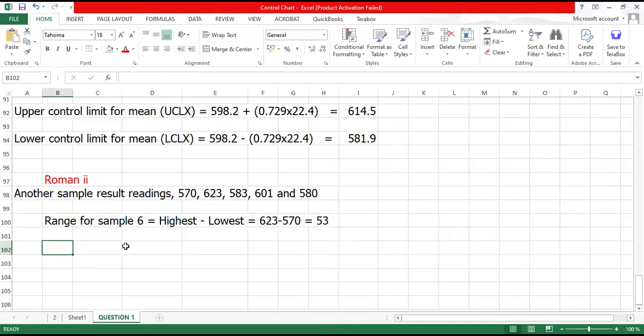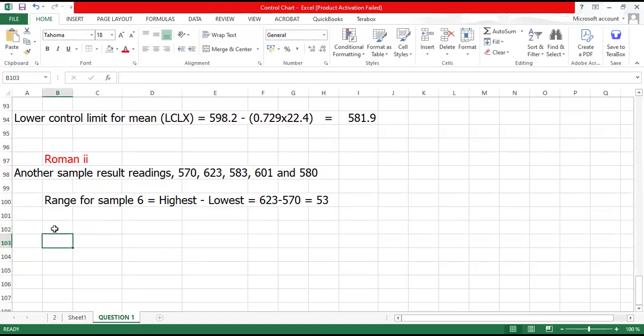Now, to know whether the process is still within control, I need my new upper control limit for range and my new lower control limit for range.